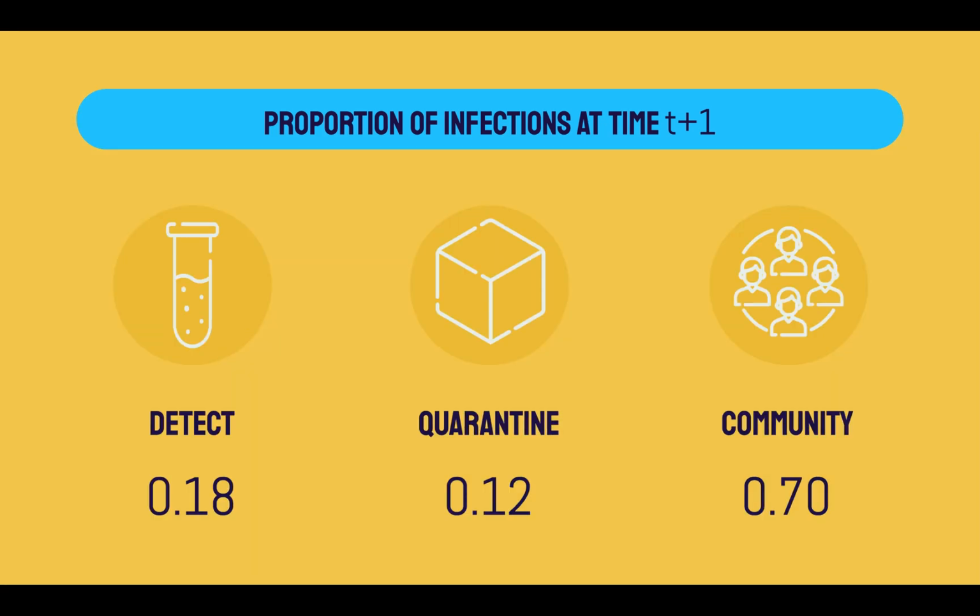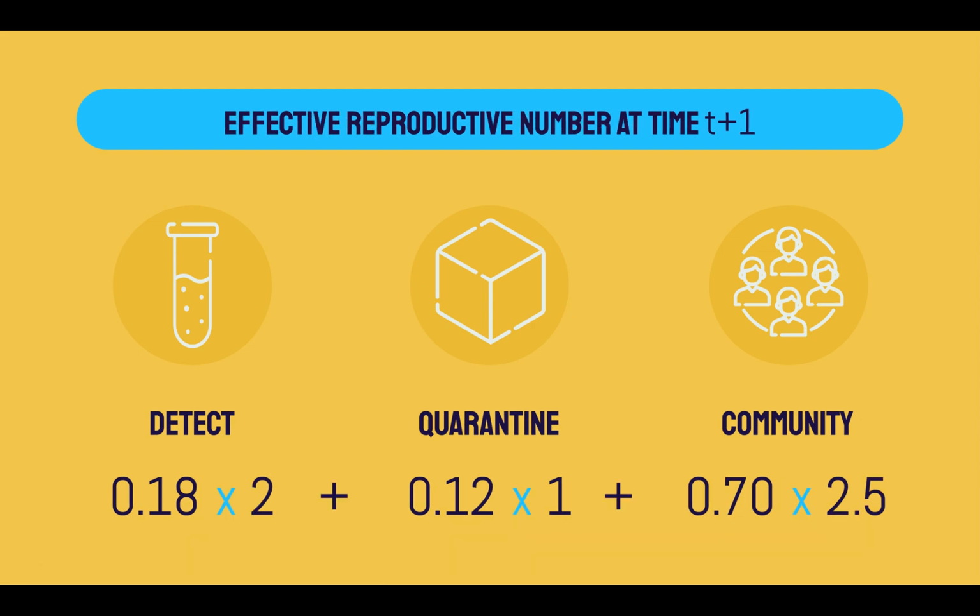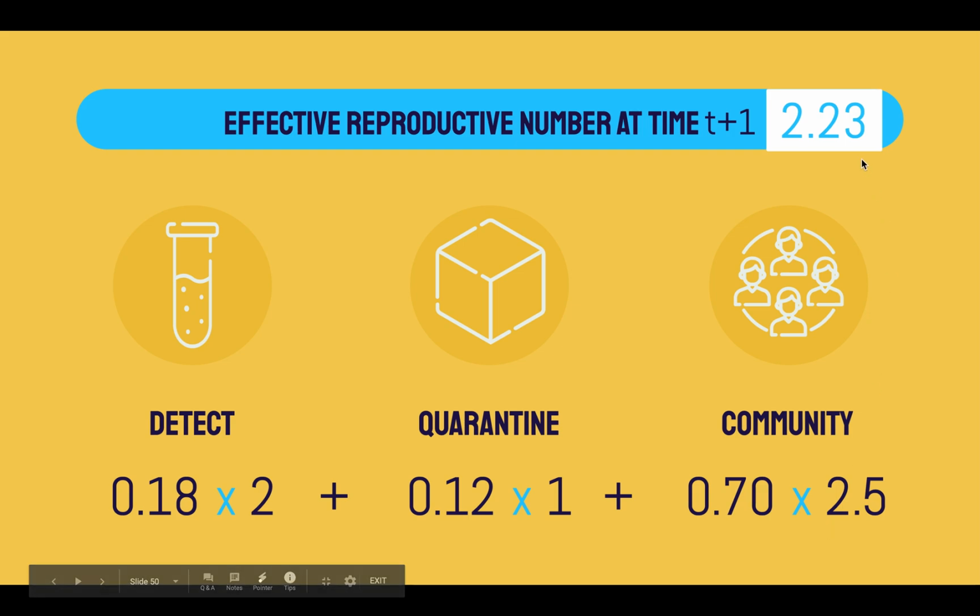And so at time T plus 1, we end up with 18% in the detect compartment, 12% in the quarantine compartment, and 70% still out in the community. From that we can calculate the effective reproductive number at time T plus 1 by multiplying by that infect matrix. If we multiply the detect proportion by 2, the quarantine by 1, and the community by 2.5, we end up with an effective reproductive number of 2.23.